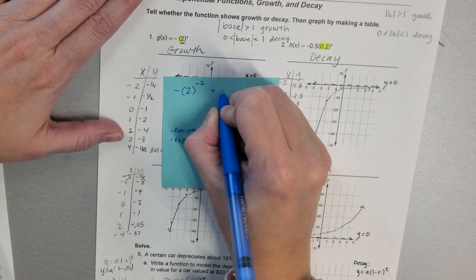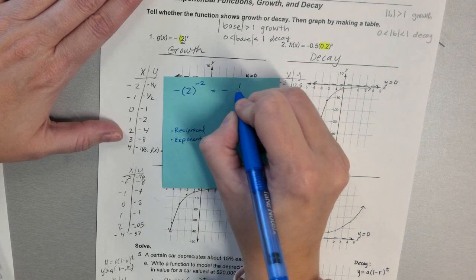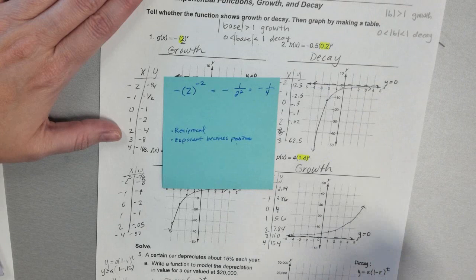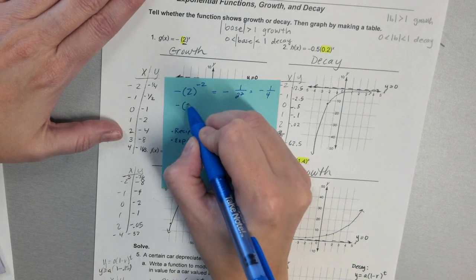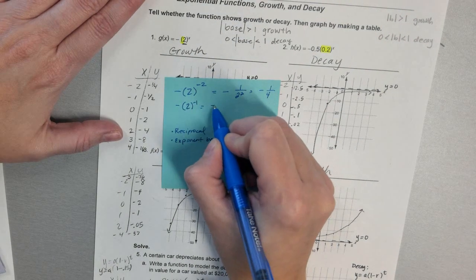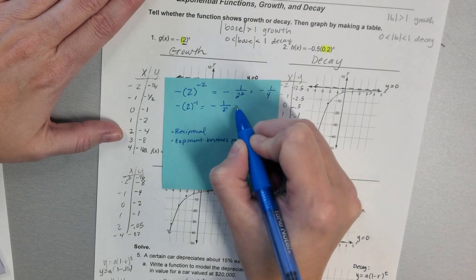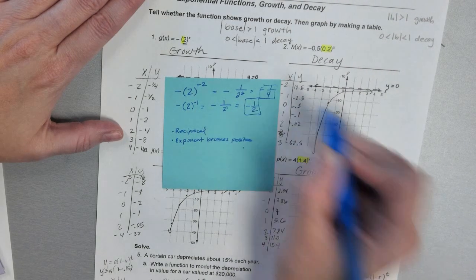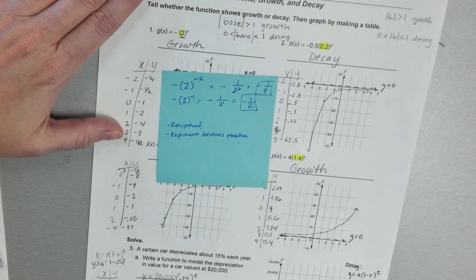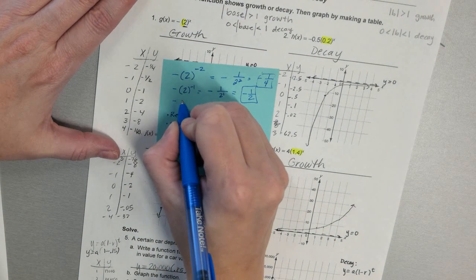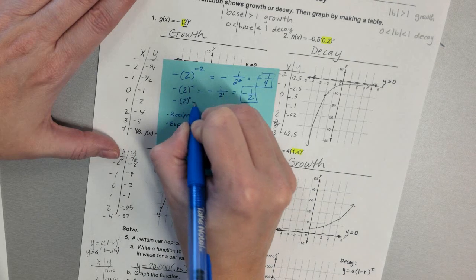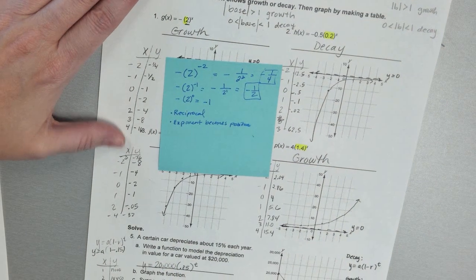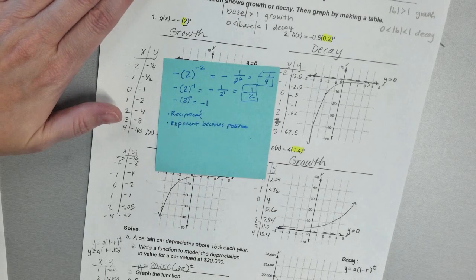The negative still stays out in front, but now this is 1 over 2 squared, which would be -1/4. So -2 to the -1 means I have my negative in front, but 2 to the first is just 2, so that's how I'm getting my values. Be careful with the 0, because we know that 2 to the 0 is 1, but you have that negative in front, so it should be -1.